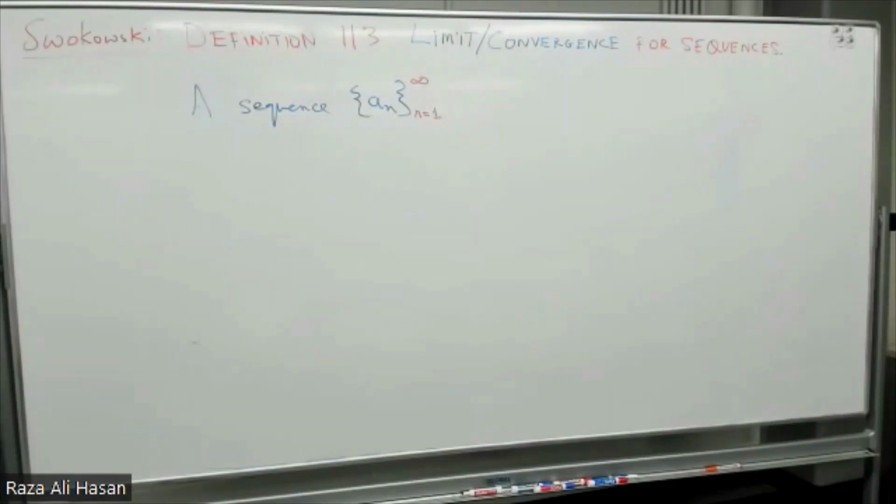So the definition of limit and convergence goes like this in this textbook.